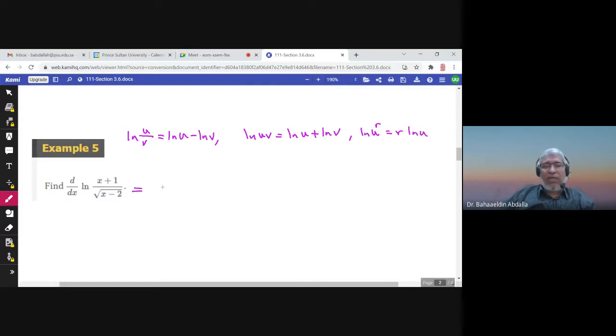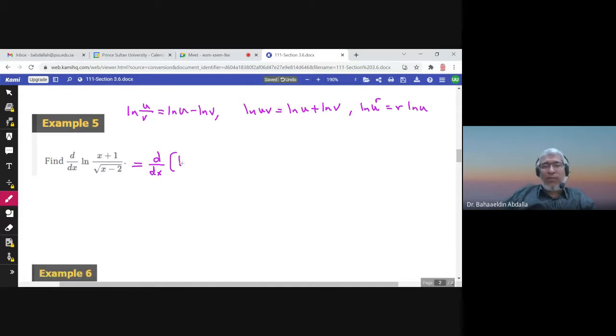So I can write this as d by dx of ln of x plus 1 minus half ln of x minus 2, where the square root of x minus 2 I wrote as x minus 2 to the power half, and I used this property to bring the half out like this.